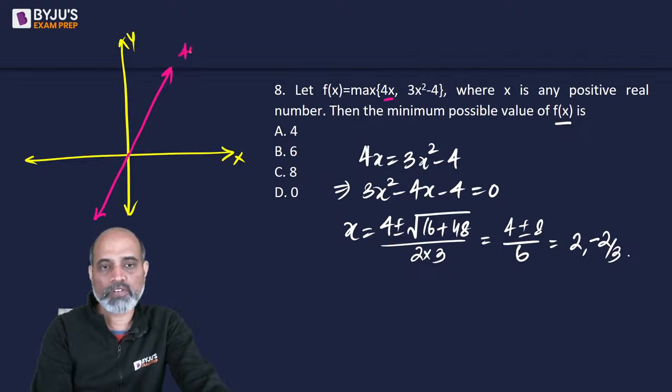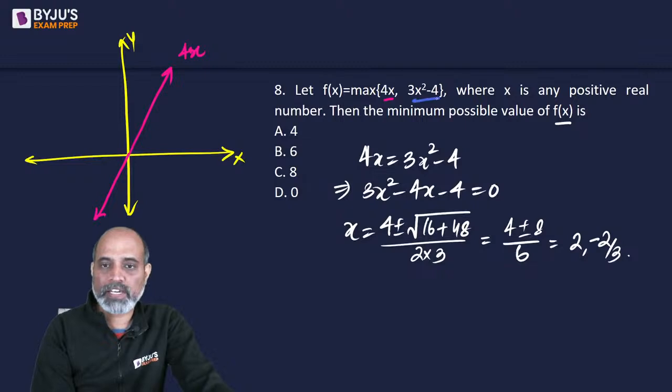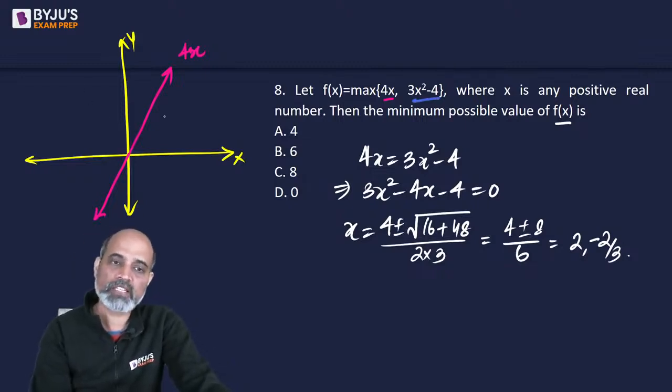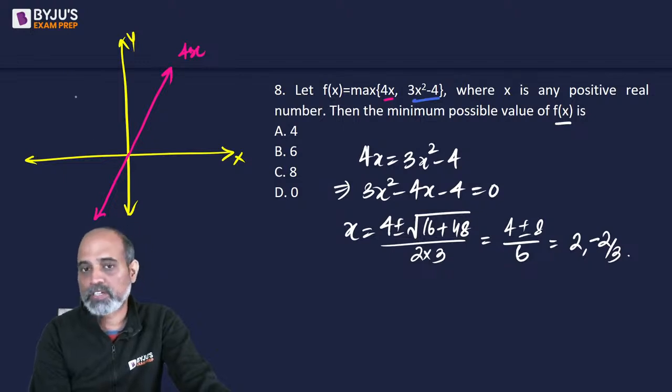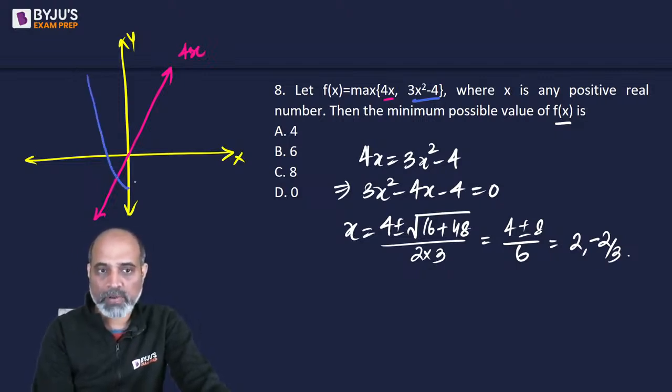So this is our y is equal to 4x. The next one is if we take 3x square minus 4. So x square is going to be a U-shaped graph. 3x square is going to be a little more towards the y, and minus 4 will pull that parabola closer to this, right?